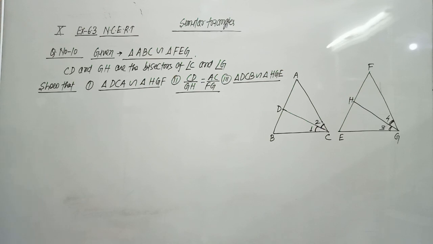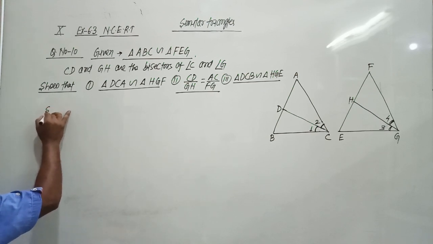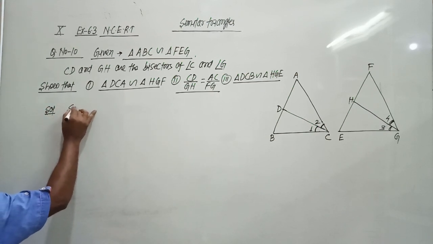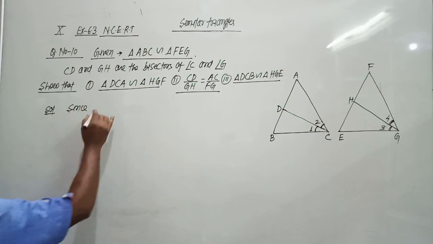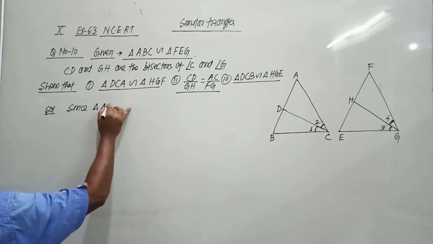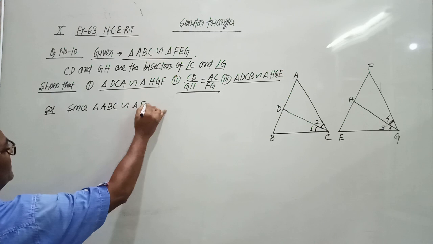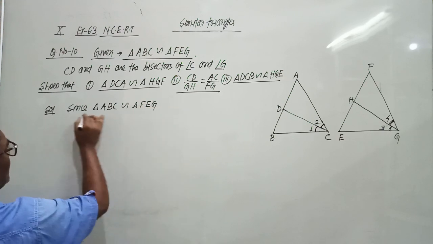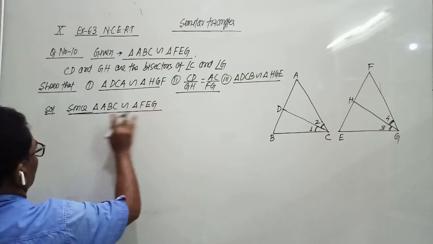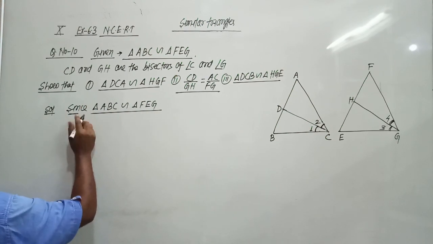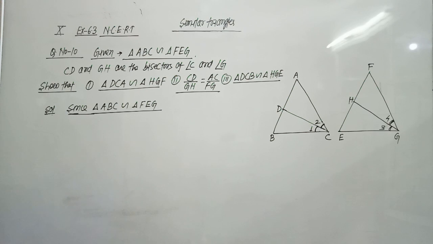So for the first part, we take two triangles. Firstly, in triangle ABC, since triangle ABC is similar to triangle FEG, which we have given.